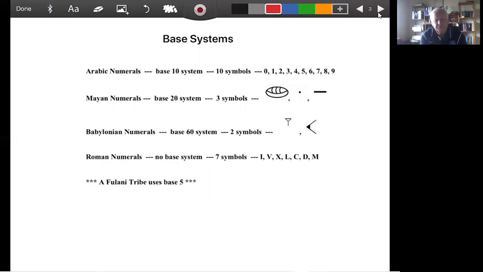It's an interesting study if you want your young people to do some research. Take a look at the Fulani tribe. It's really quite an interesting group and interesting culture that they work in.